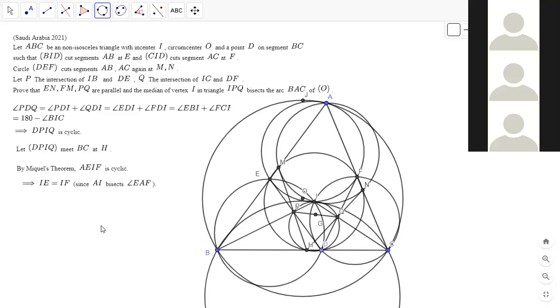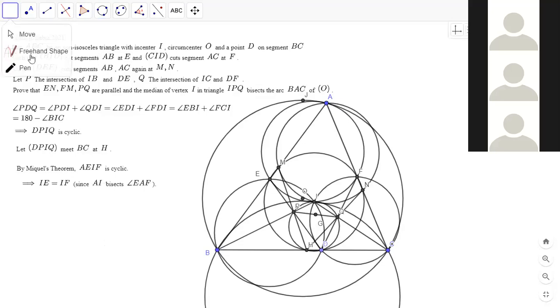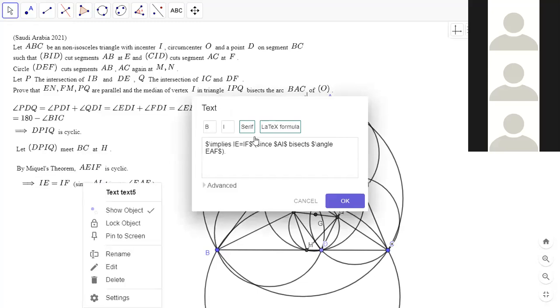Okay. So ID is equal to IF because, oh yeah, okay. So all right. Yeah, we might not even need that AEIF is cyclic. So we have ID equals IF.